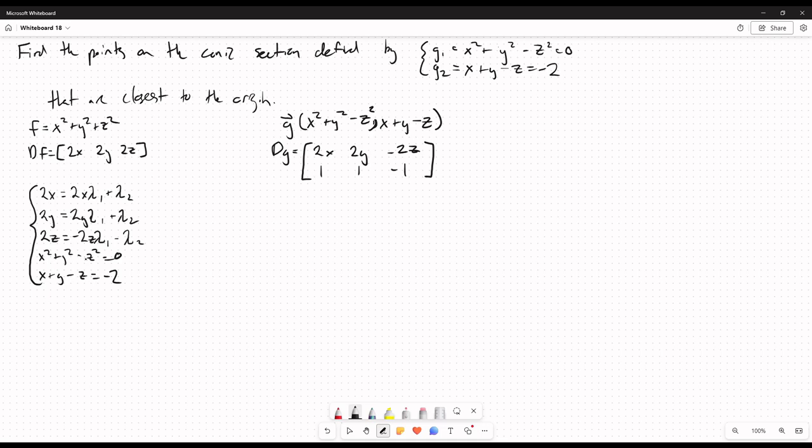The solution of that is we're going to have the points.